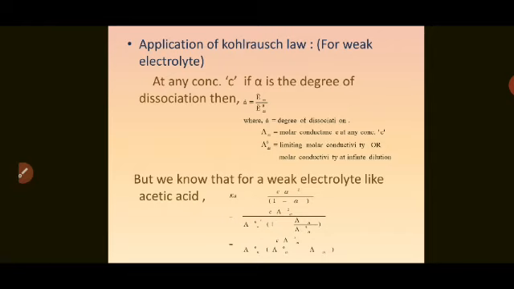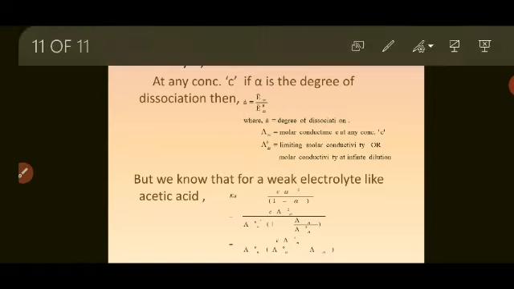Now how can it be given mathematically for a weak electrolyte at any concentration C? What is the concentration? Unknown concentration. So the unknown concentration is considered as small c. And if alpha is the degree of dissociation, meaning how much it dissociates, then there is a small change in symbol.